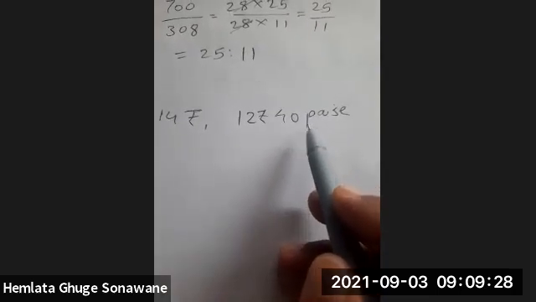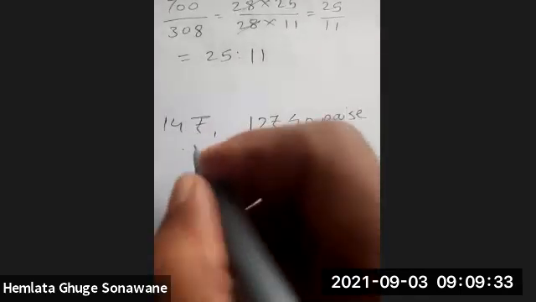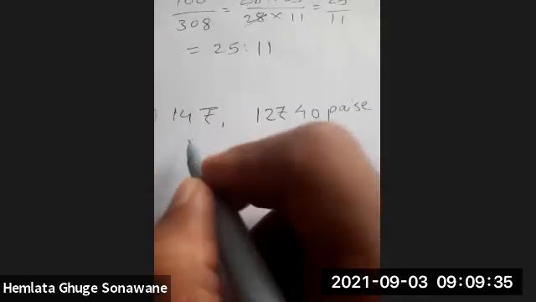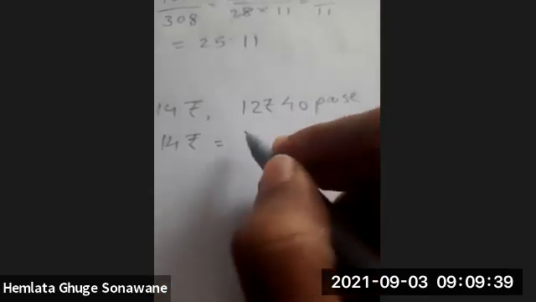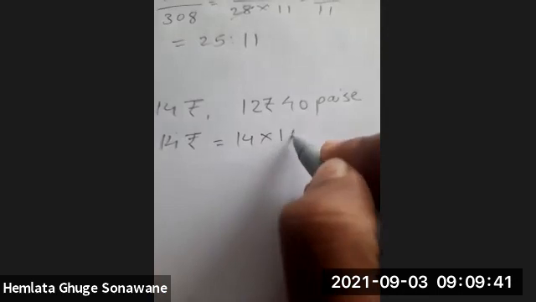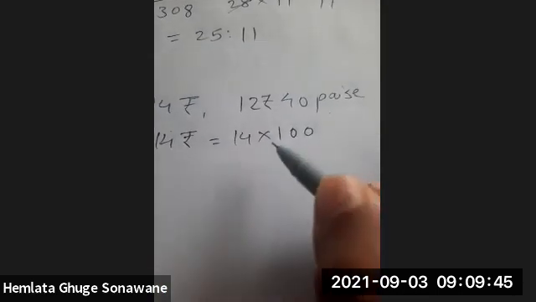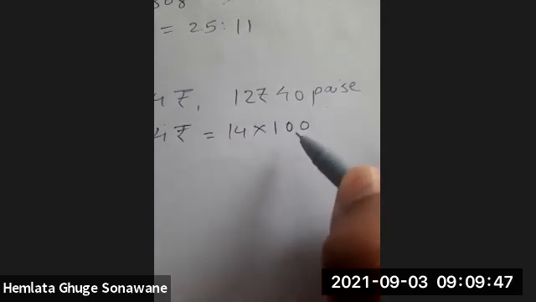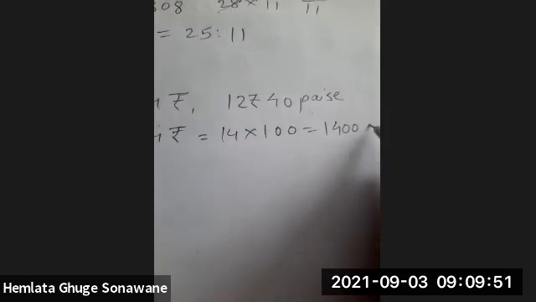So we'll convert these into paise. So we have to convert 14 rupees into paise, so it becomes 14 into 100. 1 rupee is 100 paise. So we'll multiply 14 with 100. So it becomes 1400 paise.